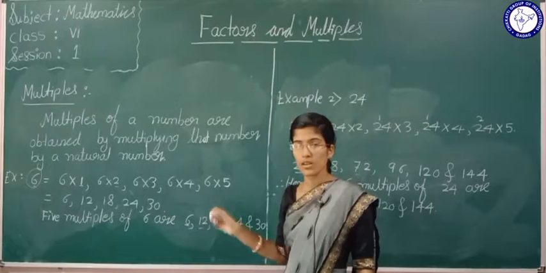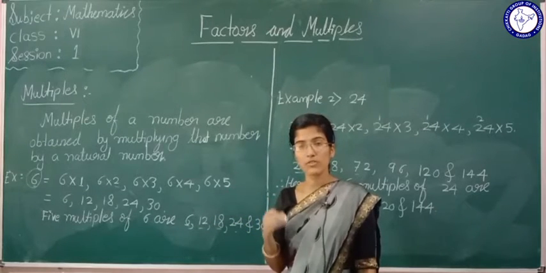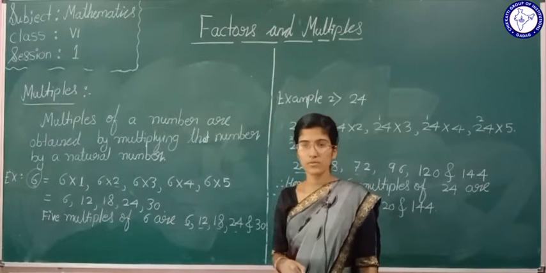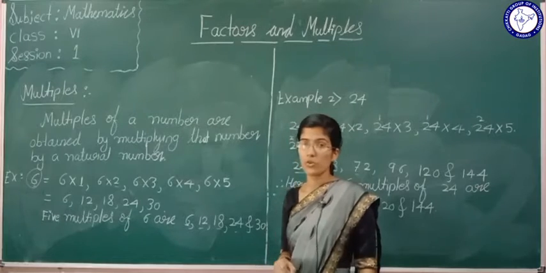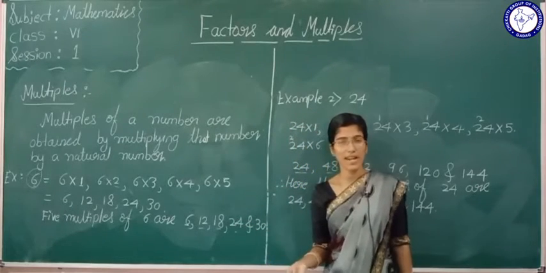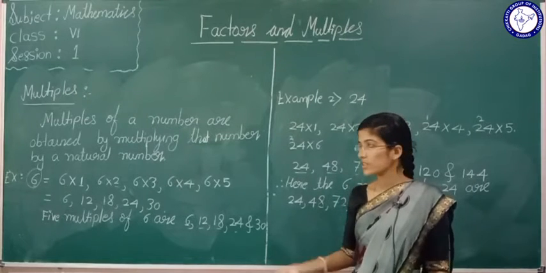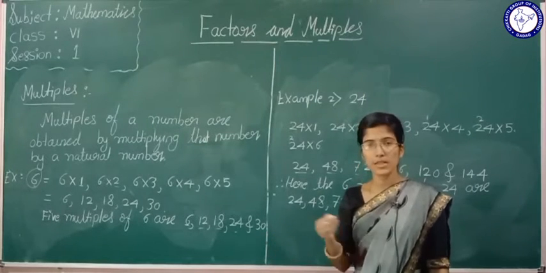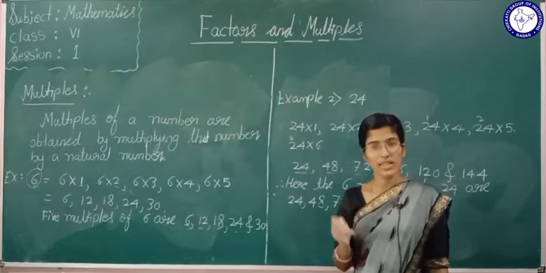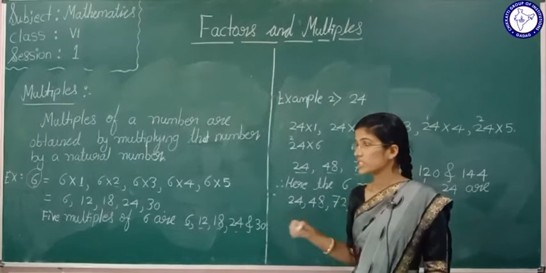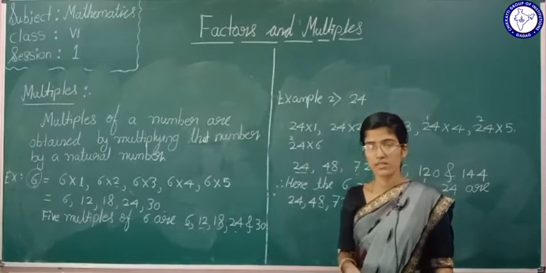Yes or no? If you go on multiplying, it won't stop. We don't know where the natural numbers will end. Definitely, if you go on multiplying, you keep getting answers. It is infinite.